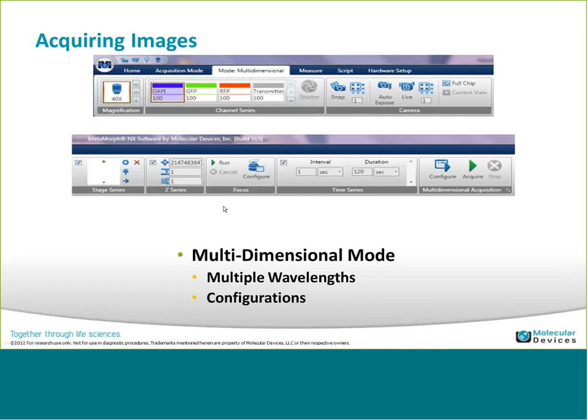So the next option is your high-speed mode. This is the stream acquisition mode that's available in MetaMorph NX. Again, left to right workflow: select the magnification objective you want to use for the acquisition. You select the illumination. This is a single wavelength acquisition, so it's just a standard stream. We don't have device streaming available in MetaMorph NX yet.